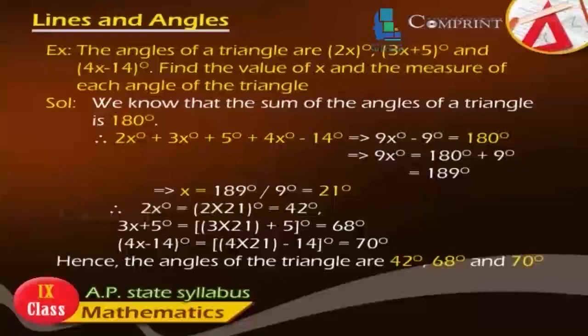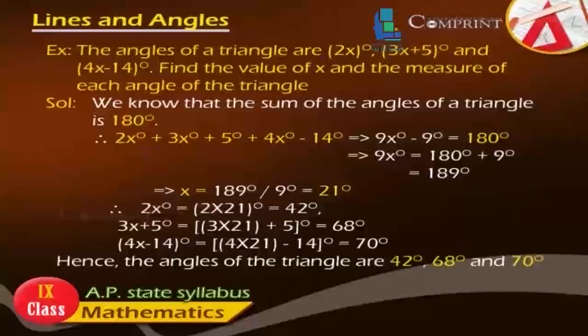Solution. We know that the sum of the angles of a triangle is 180 degrees. Therefore, 2x degrees plus 3x degrees plus 5 degrees plus 4x degrees minus 14 degrees implies 9x degrees minus 9 degrees is equal to 180 degrees.